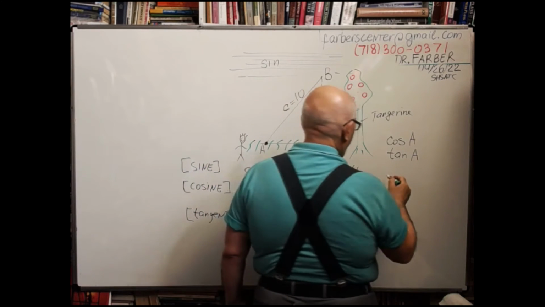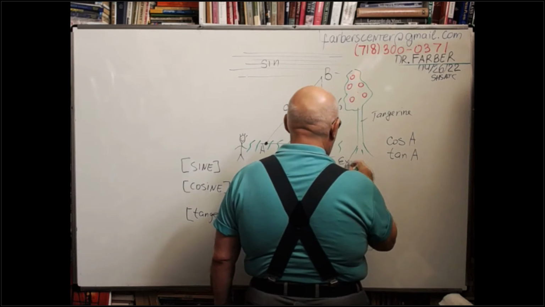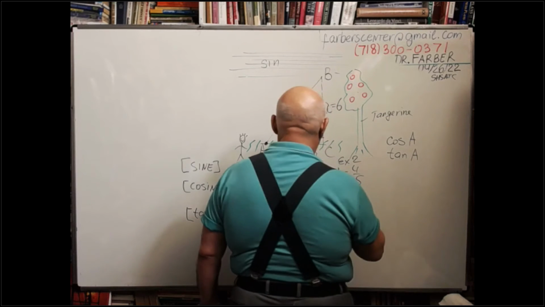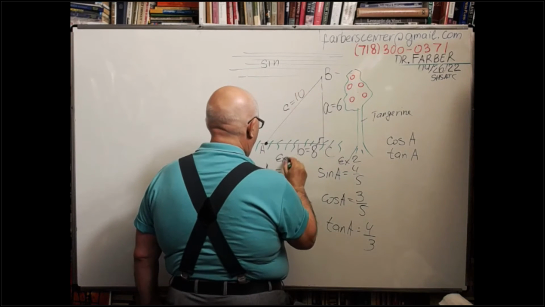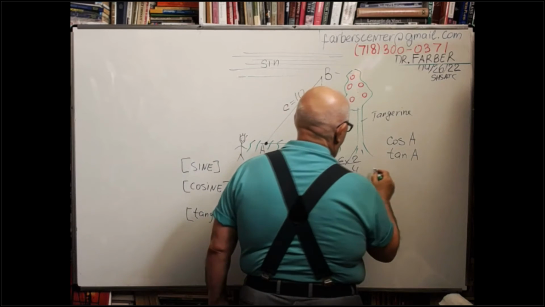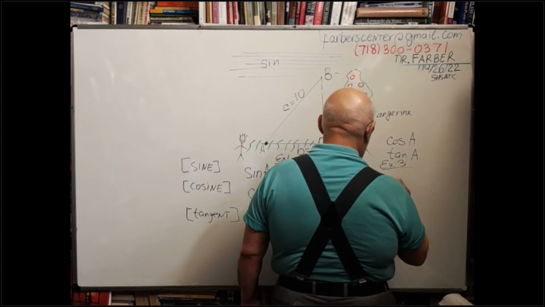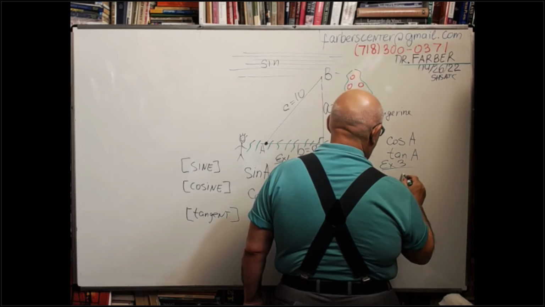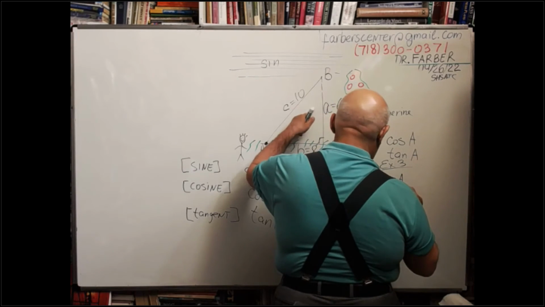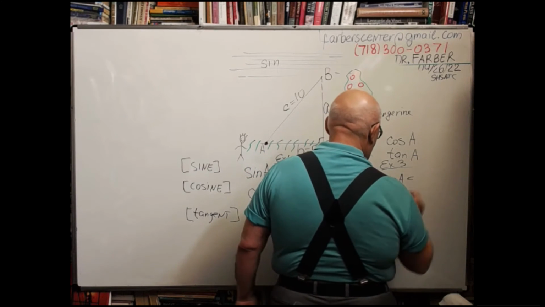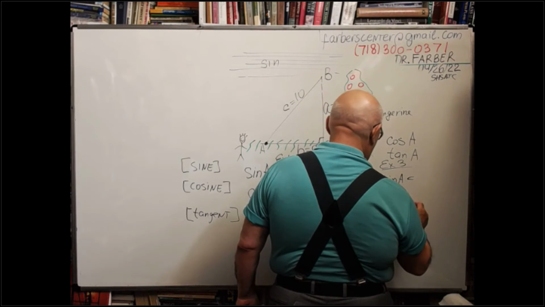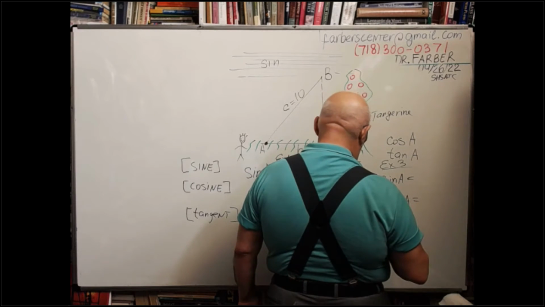This is general example number 1, find this example number 2, and this example number 3. Find sine of A of this triangle. Find cosine of A of this triangle.